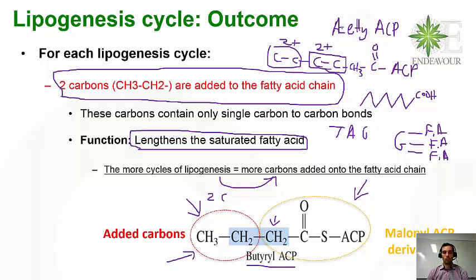So in the next step, we're going to add an additional group to modify here, and then we'll change that into another 2 carbon compound, which has these single carbon-carbon bonds.